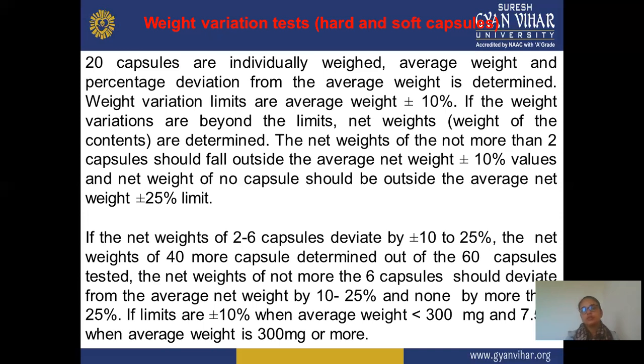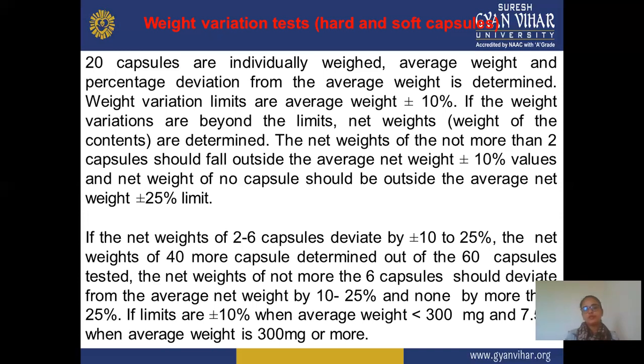And if more than 2 capsules are beyond the limit, then you reject your batch. The average weight of your complete batch should be within the 25% plus minus limit. If it's more than 25%, then there is no chance, and you reject your complete batch.